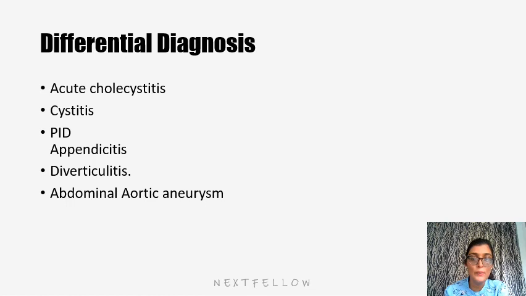Diverticulitis mostly will present as left iliac pain, when the patient presents with fever, abdominal pain and vomiting. Abdominal aortic aneurysm: the patient will present with abdominal pain and a central pulsatile mass in the abdomen.